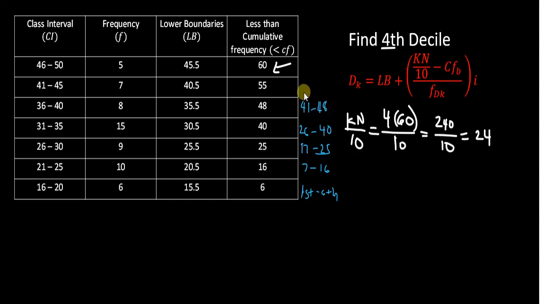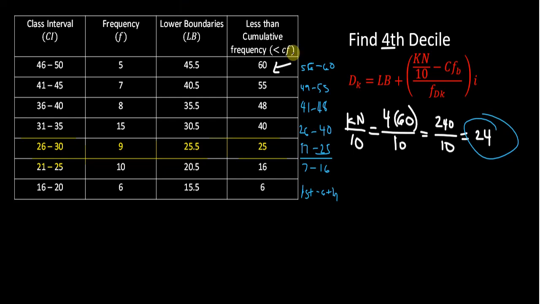Yung 49 to 55. And yung 56 to 60. Nasaan dito yung pang-24? Andito sa 17 to 25. So, ibig sabihin yan, andito yung decile 4. Fourth decile.